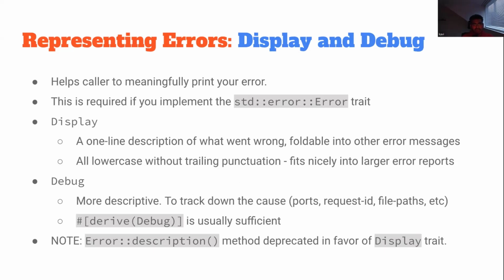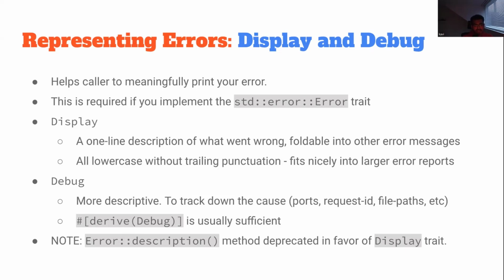The other one is the Display and Debug traits, right? Why should we implement these traits for our error? Because it lets you print the error meaningfully, right? Ideally when you're implementing the Display trait, you should respond with a single line, a short description of what went wrong.